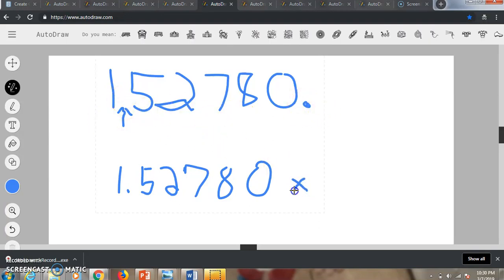So it's going to be times 10 to the power of, and then count to the right, 1, 2, 3, 4, 5.